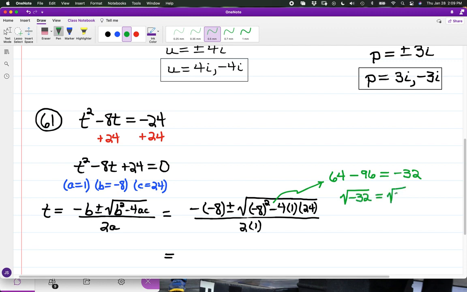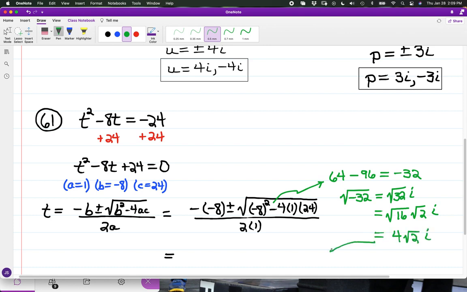So you have the square root of 32 times i. The highest perfect square divisible into 32 is going to be 16. So the square root of 32 is the square root of 16 times the square root of 2, and then we have the i to follow. For the reduced radical, we have 4 times the square root of 2 times i.